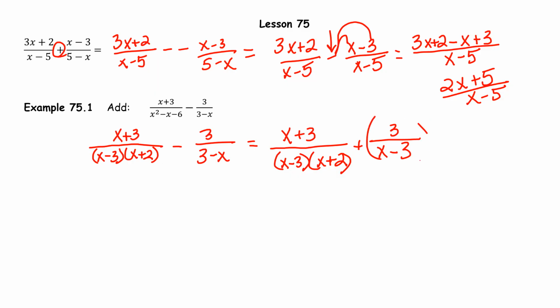And when I say multiply by x plus 2, I mean (x + 2)/(x + 2), because remember, that is a rule that if you are going to multiply the numerator of a fraction by something, you have to multiply the denominator by that same thing, because that's just like multiplying the whole thing by 1, and that's okay.